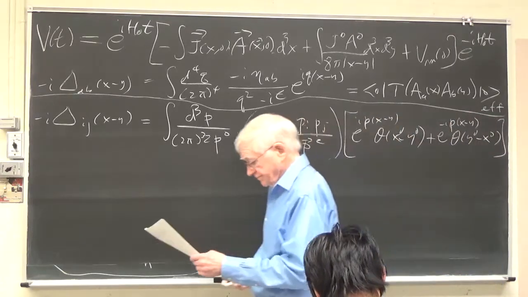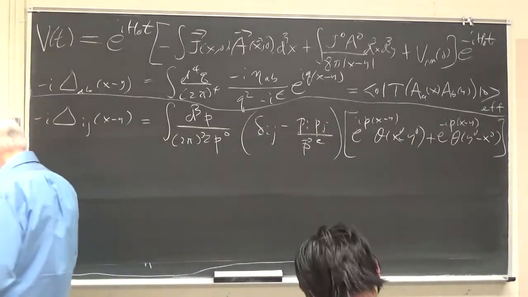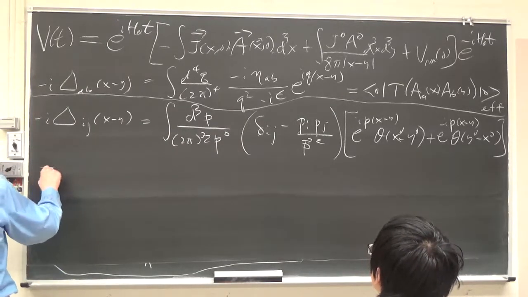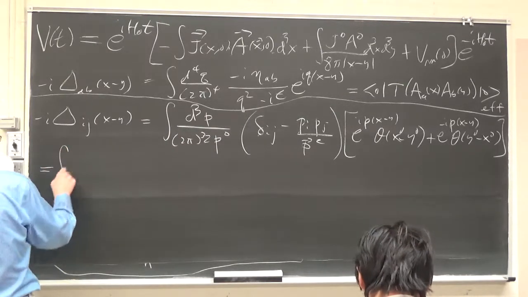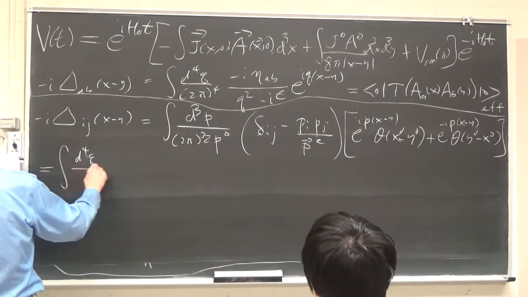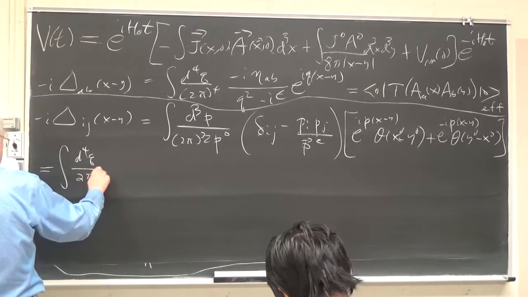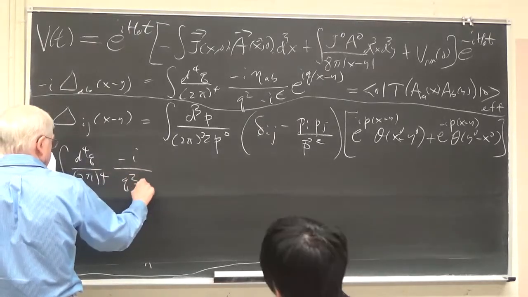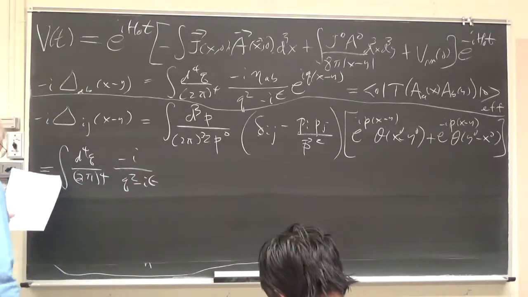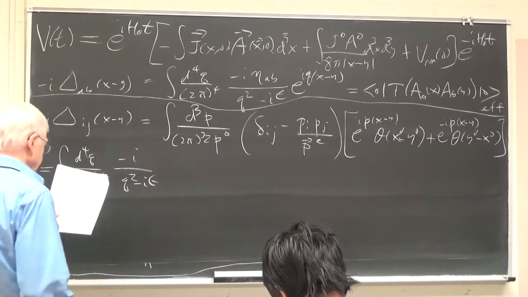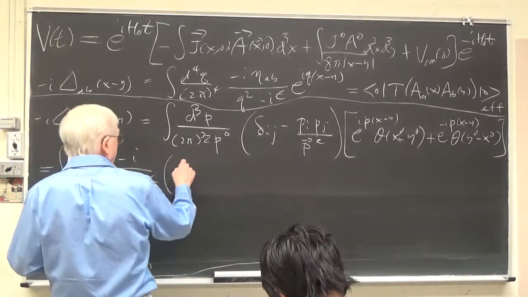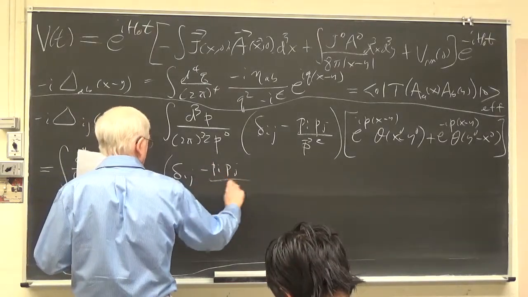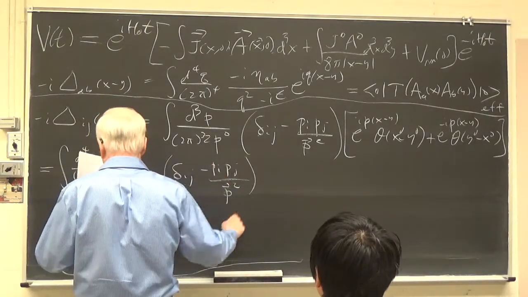And after one does that integration, what one finds is an integral d4 q over 2 pi to the 4th minus I over q squared minus I epsilon delta ij minus qi qj over q vector squared.